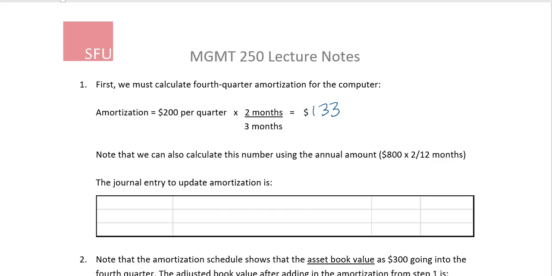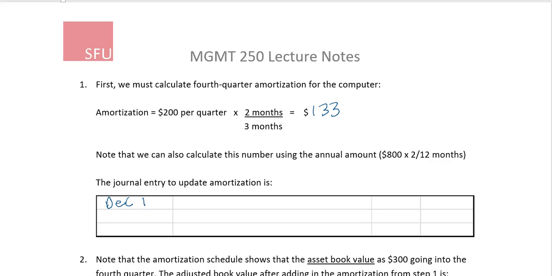So we can do the same calculation just by going the annual rate times 2 over 12. So 800 for the full year, October, November, 2 months out of 12. You should also get 133. So then we make a journal entry before we dispose our asset. Make a journal entry, bring the amortization up to date.